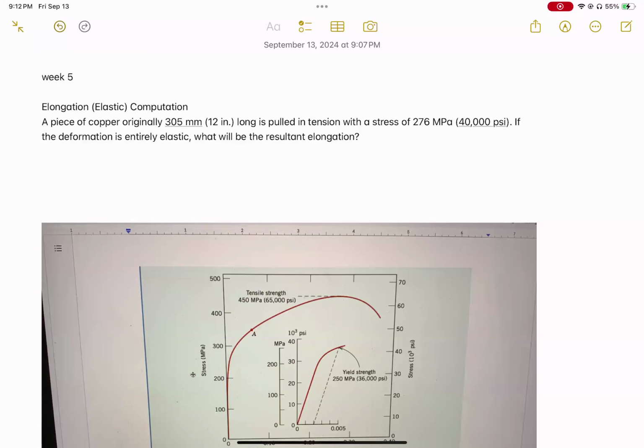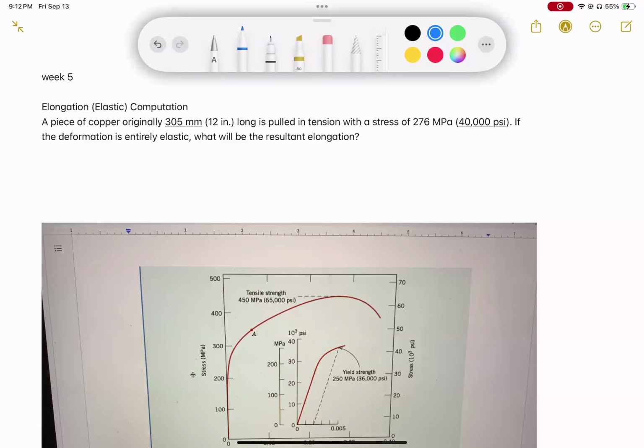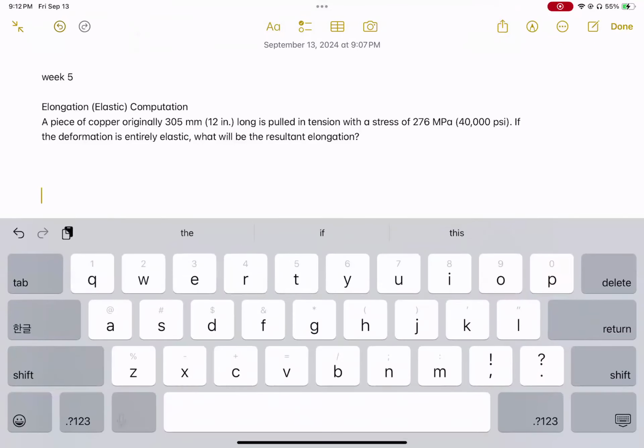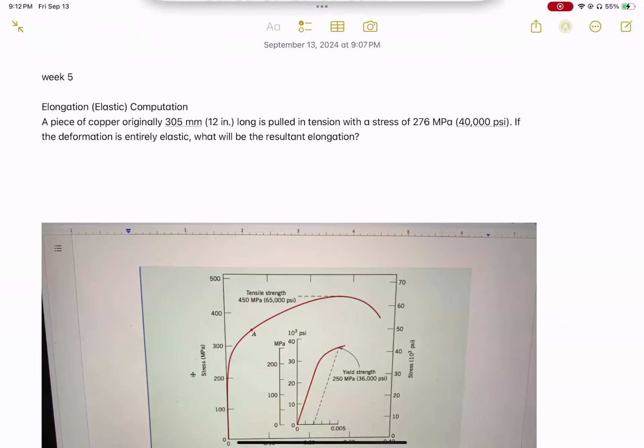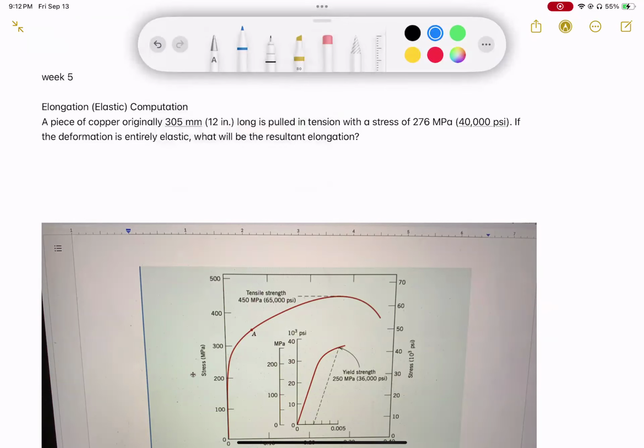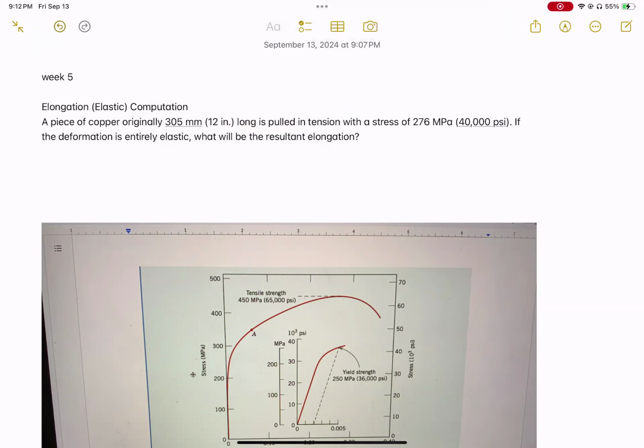If the deformation is entirely elastic, which means, remember, elastic deformation means that if we have a shape, hard to get this out over here. Oh, we can't draw. Okay, anyways, what was it?